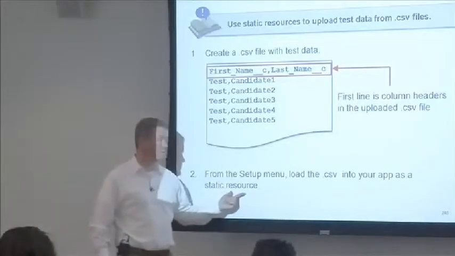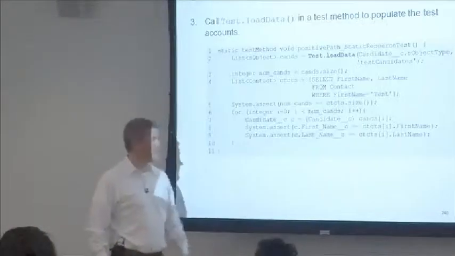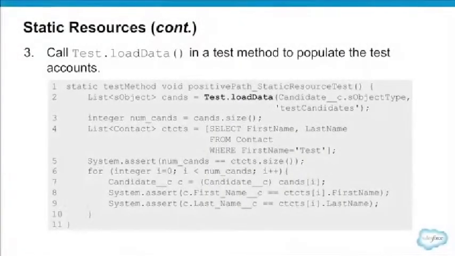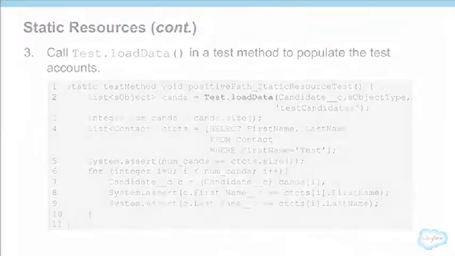Okay? So when we would have uploaded this CSV file into static resources, we would have called it testCandidates, and now we refer to it by its name. What this will do is take the CSV file, parse it, and then deserialize it into, in this case, our list of sObjects which are candidates. Okay.